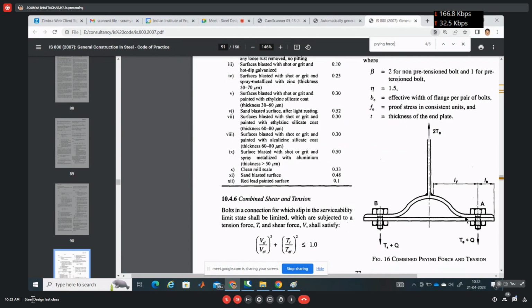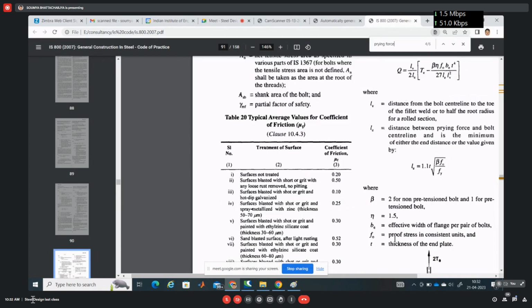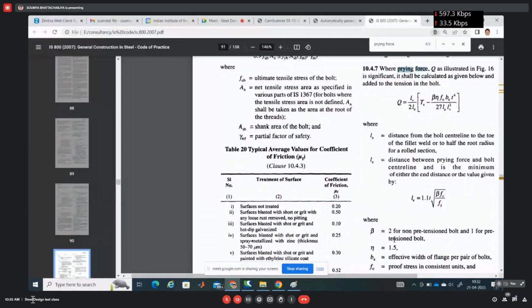Because of the bending, an extra force Q gets generated. That Q is your prime force.